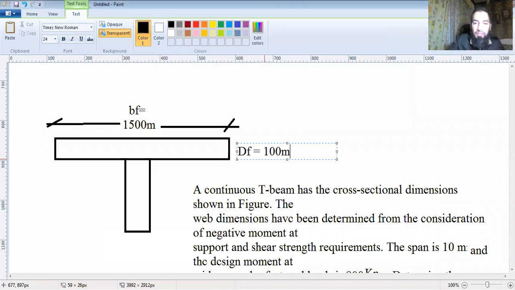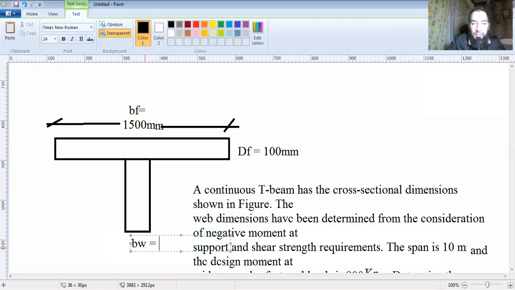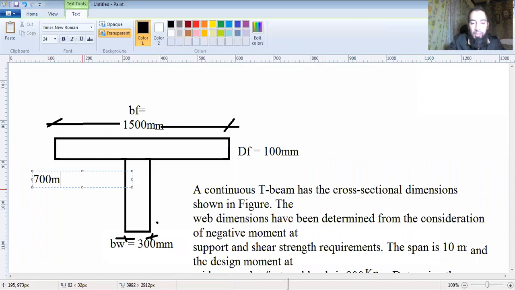This is 100 mm. And then your BW is 300 mm, from here up till this point. And total D is 700 mm.